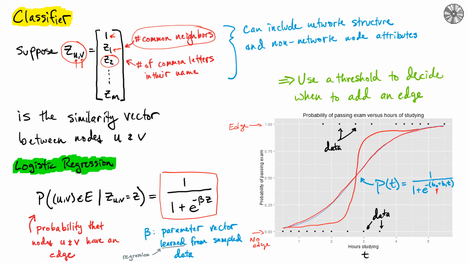Just to make this concrete, think about this particular example of probability of passing an exam versus the number of hours studied. Clearly, if you don't study at all, you're more likely to not pass, and these data points down here indicate that. If you study a lot, you're much more likely to pass.